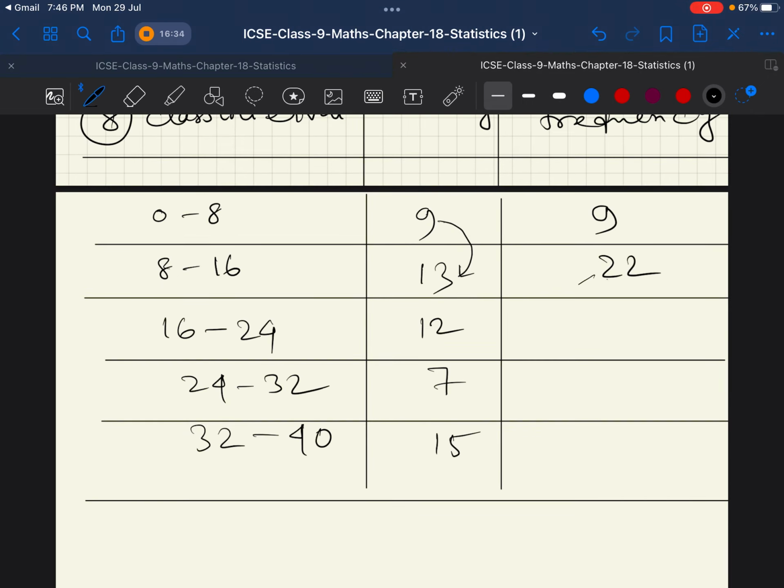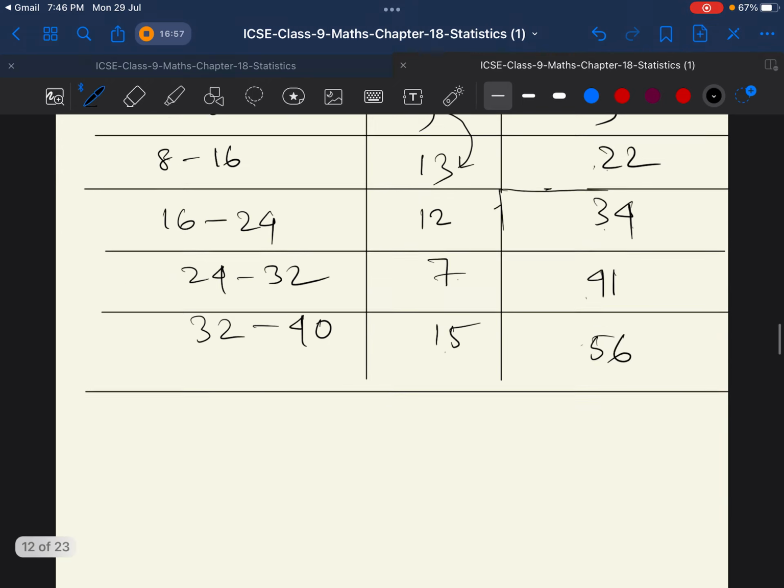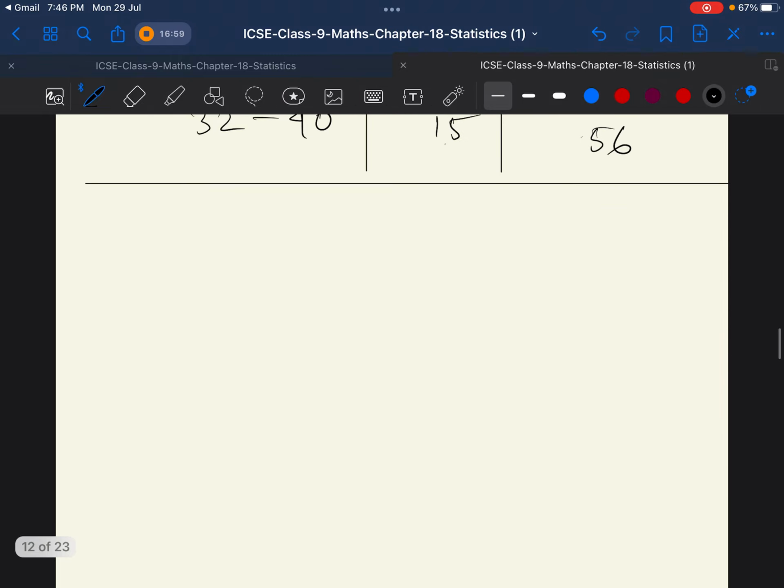Then add 22 with 12, so this will be 34. Then add 34 to 7, so this is 41, and 41 to 15, add, then we will get 56.